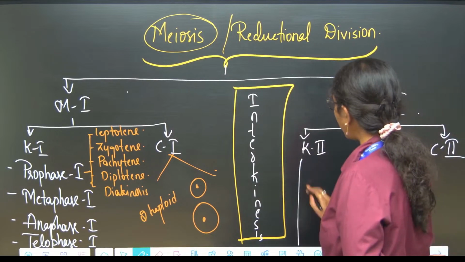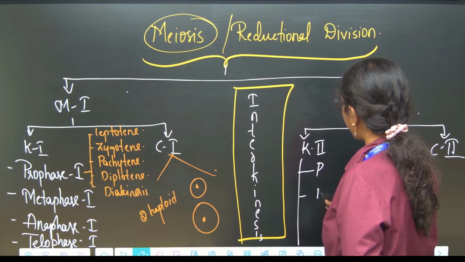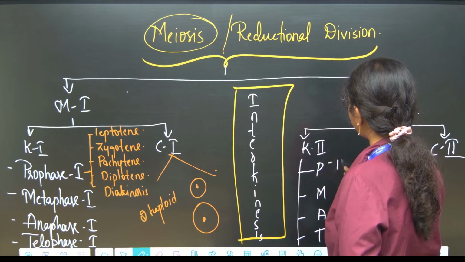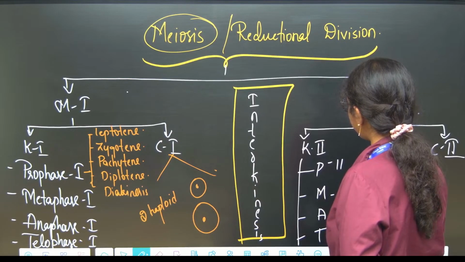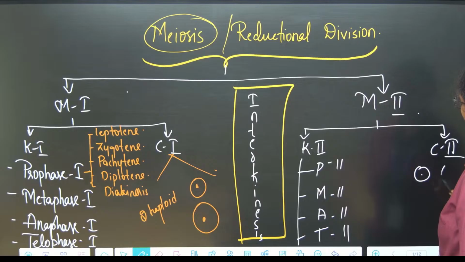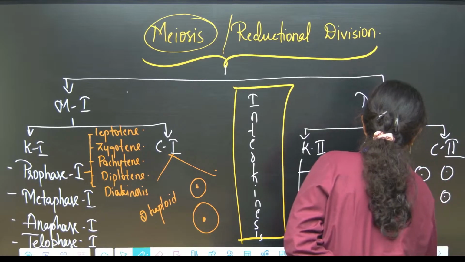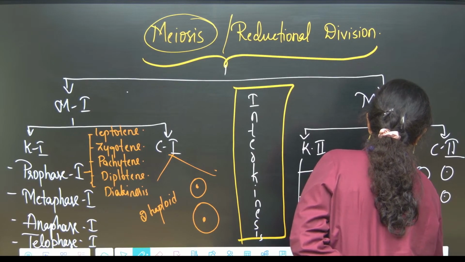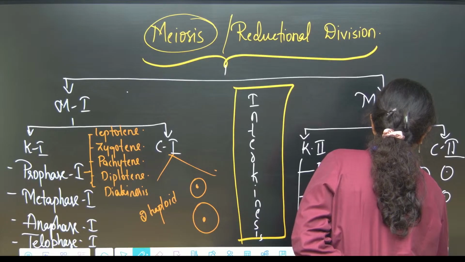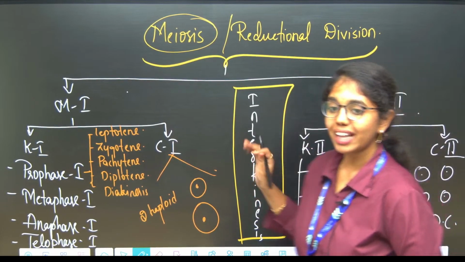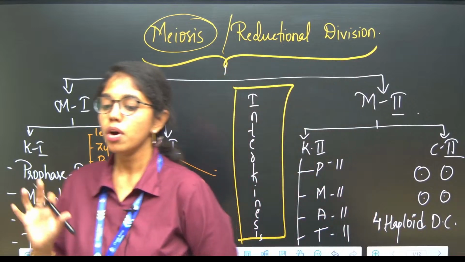In karyokinesis 2, we have prophase 2, metaphase 2, anaphase 2 and telophase 2. Then after cytokinesis, at the end, how many daughter cells do you have? 4 haploid daughter cells. Clear, right? This is the flow chart that you have to remember with respect to meiosis.